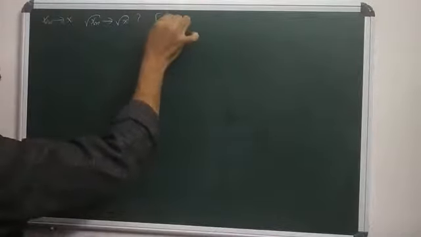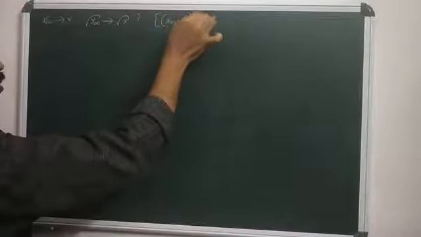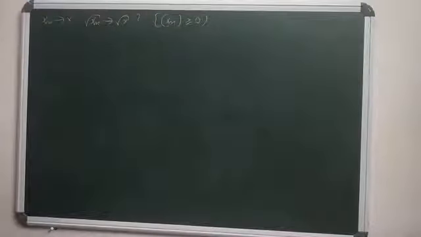Here the sequence xn is a sequence of non-negative real numbers, and xn converges to x. Can you say that root xn converges to root x? Here the restriction is that xn is a sequence of non-negative reals.